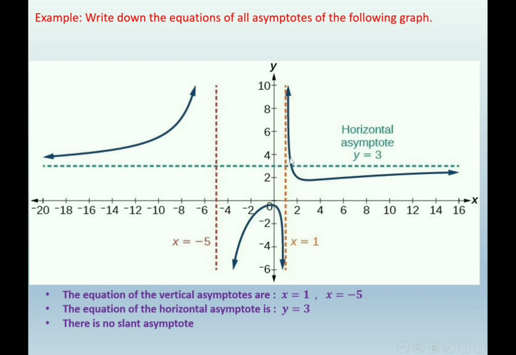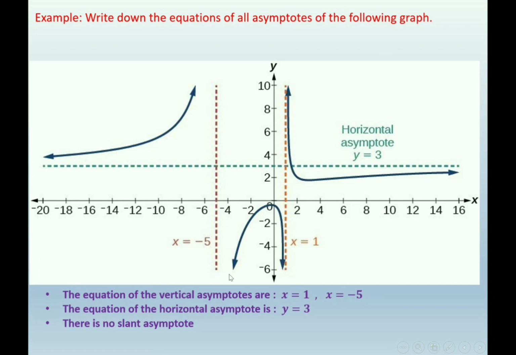And when your curve is getting closer to x equals 1, the vertical asymptote, it is going to plus infinity. When it is getting closer to x equals minus 5, the vertical asymptote, the branch is going to minus infinity. And here, when your curve is getting closer to x equals 1, the curve is going to minus infinity.